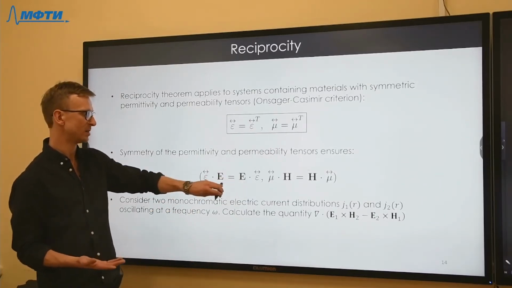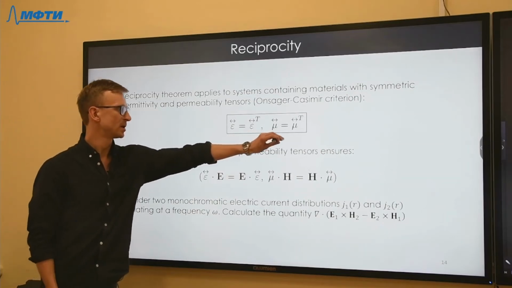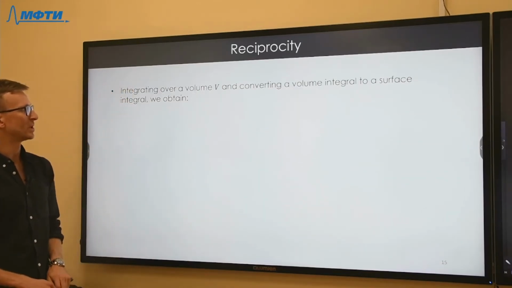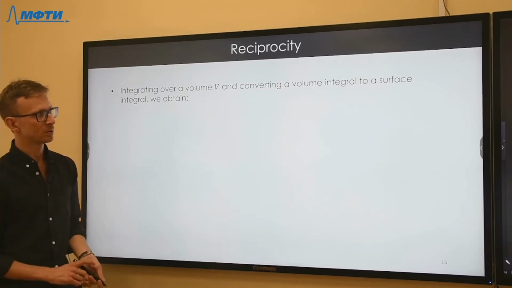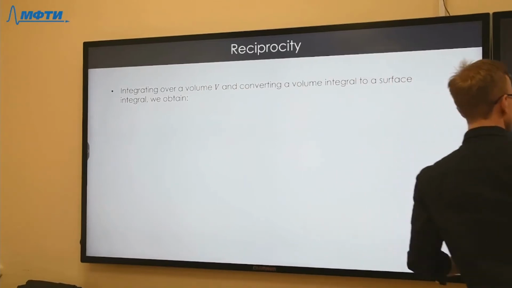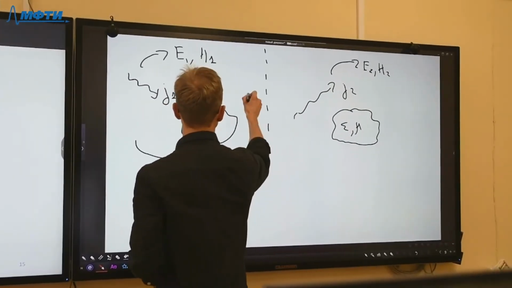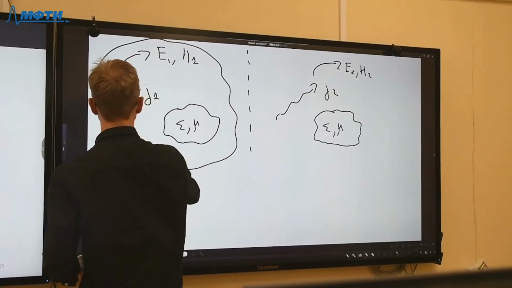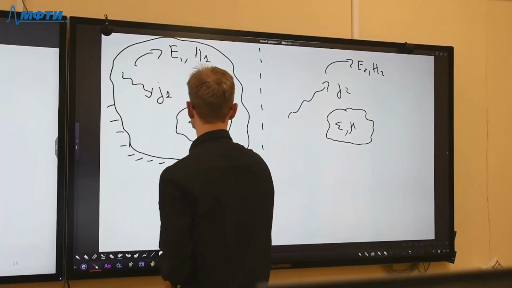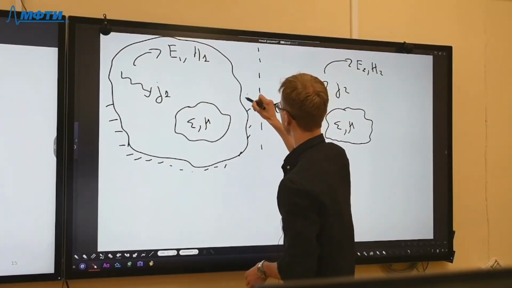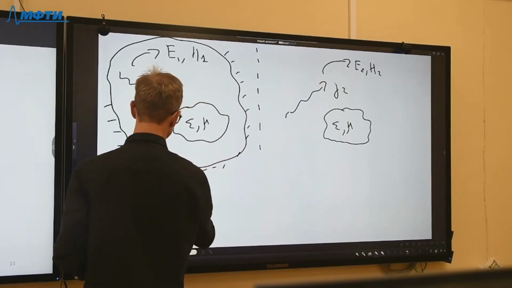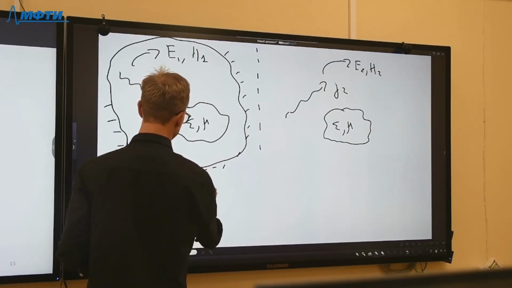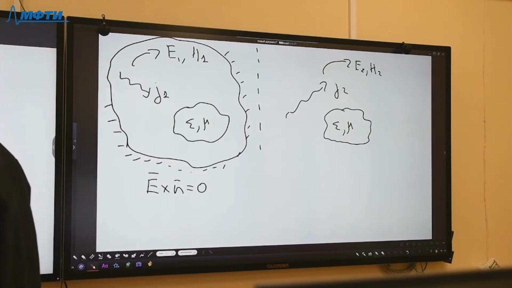Well, we also apply this identity. And if we perform this calculation, and then if we also surround the entire volume by perfect boundaries, so you have electric conductor here, which means that electric field times n is 0 on the boundary, so we have perfect boundaries.